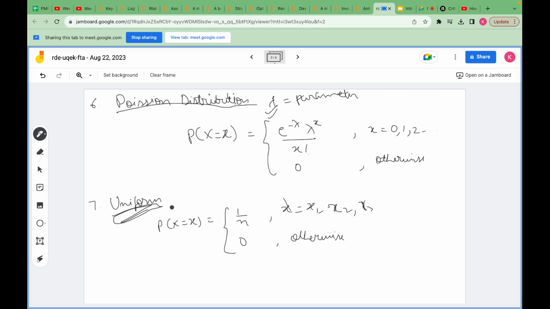Then there is the uniform distribution. Let's say there are a total of n events that can happen, and the probability of each event is 1 by n, and it is 0 otherwise.